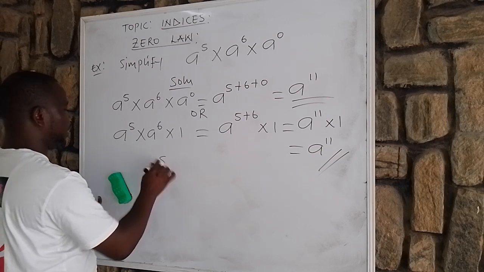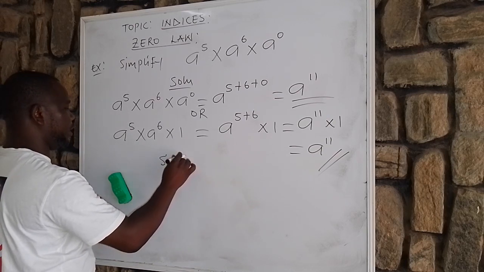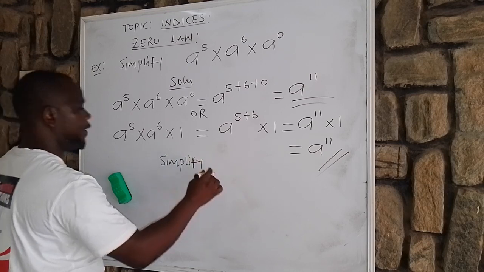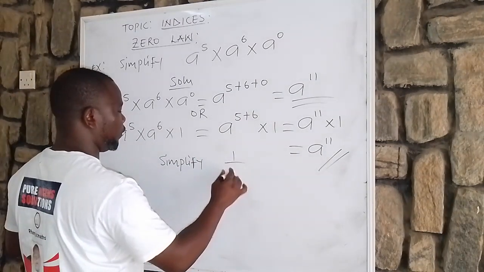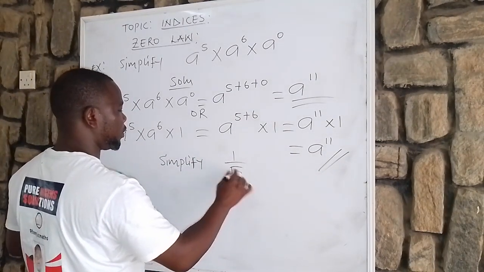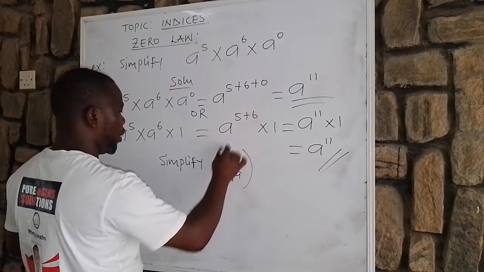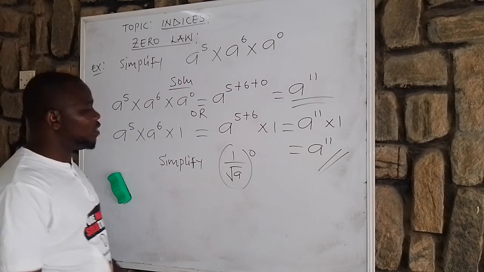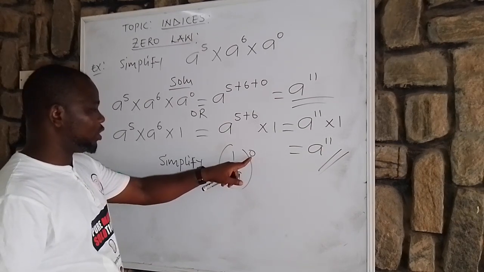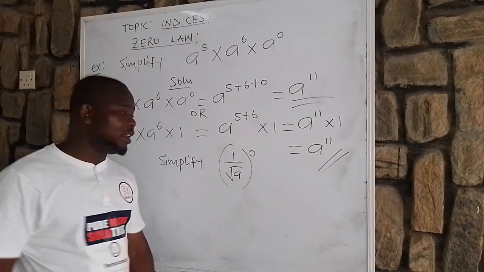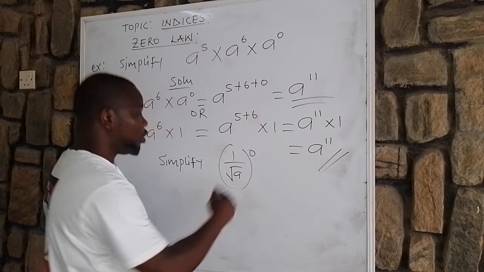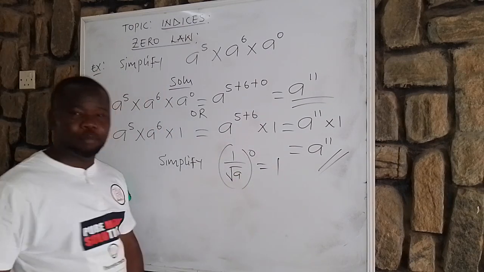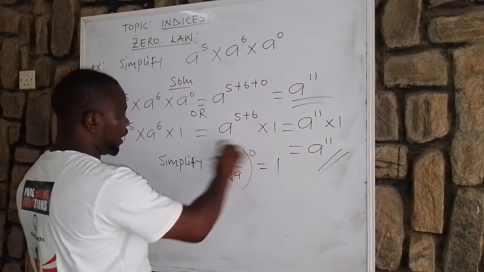Sometimes you may be asked to simplify 1 over the square root of a, all in bracket, raised to the powers of 0. You discover that this is 0, so you don't need a prophet to tell you the whole of this thing is 1, because the bracket affects all.